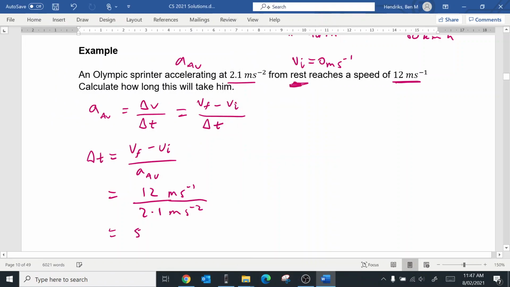5.71 seconds as well. Just while we're doing this one, I'll just mention in physical science, if you go to 3 significant figures, then that's going to be acceptable in all cases.